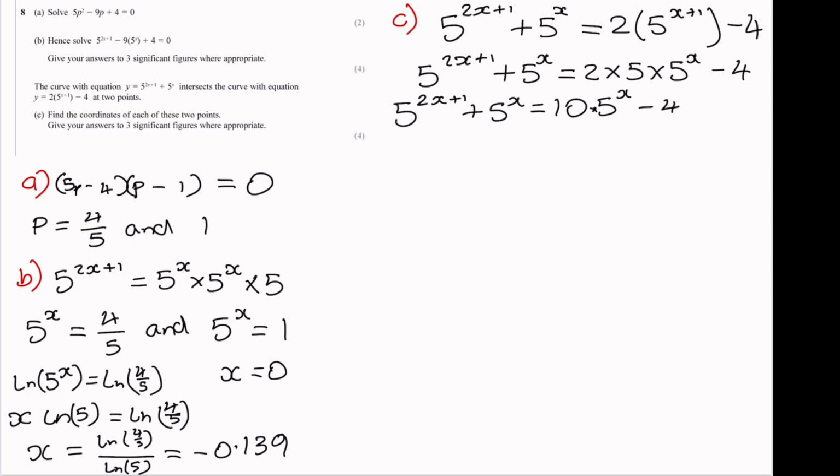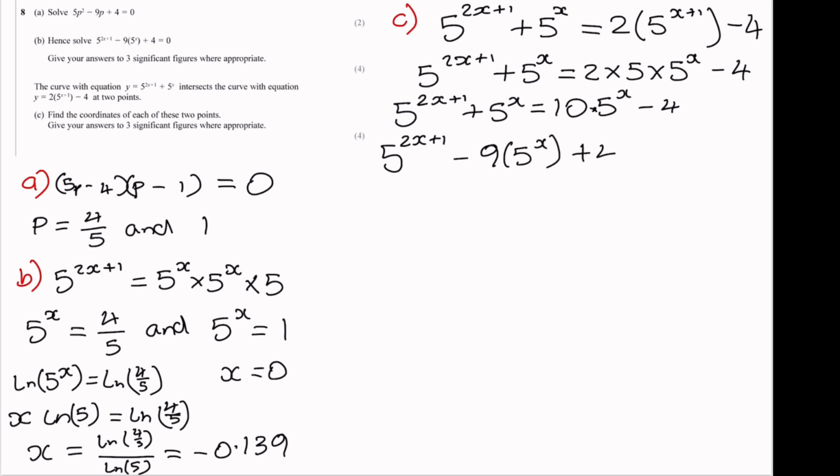So now on the left hand side we have 1, 5 to the power of x, and on the right hand side we have 10. So if we take it all to the left hand side, we get 5 to the power of 2x plus 1. I'm going to subtract 10 lots of 5 to the power of x, so we get minus 9 lots of 5 to the power of x plus 4.